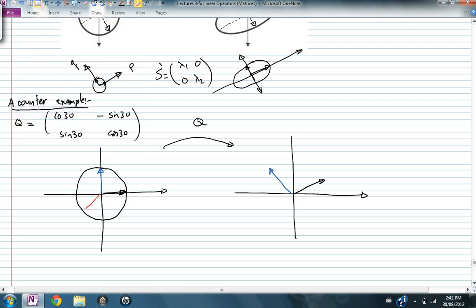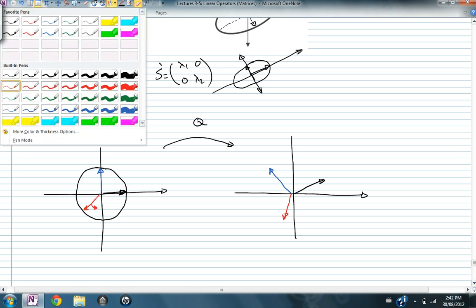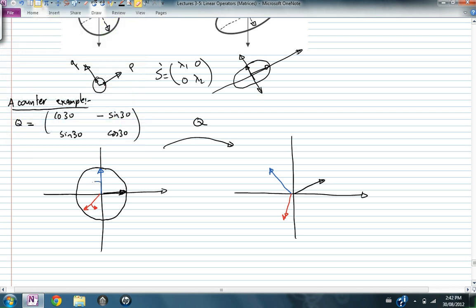This red vector rotates 30 degrees. And so vectors are always rotating.